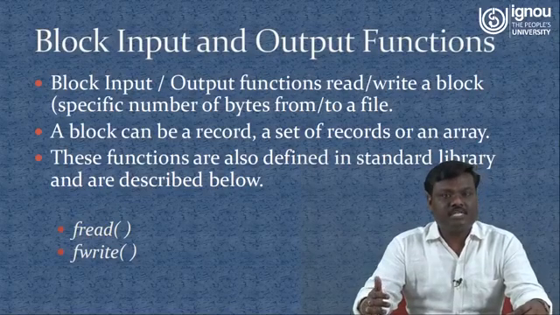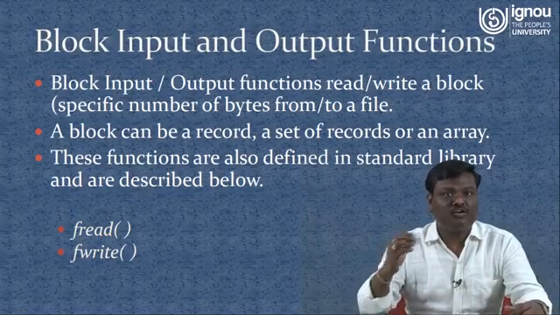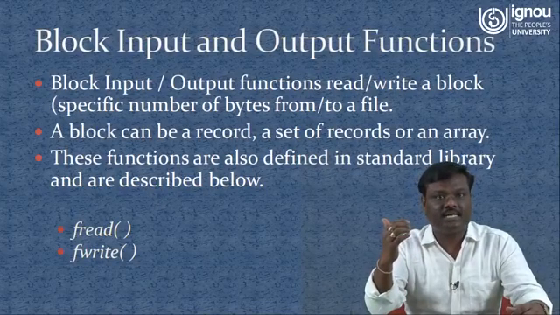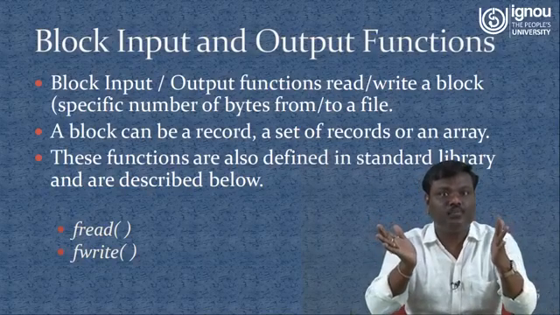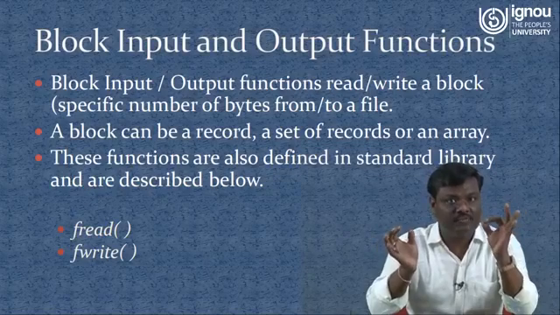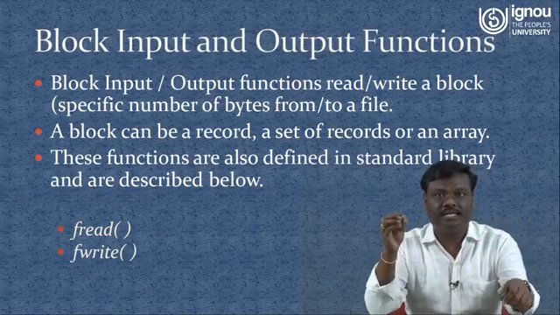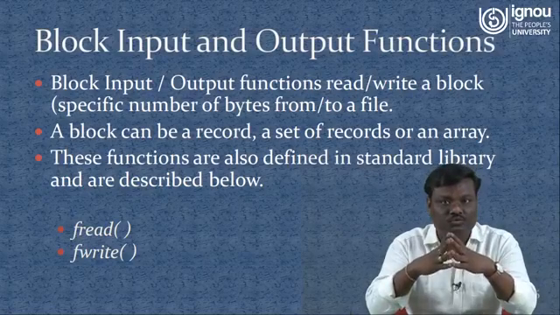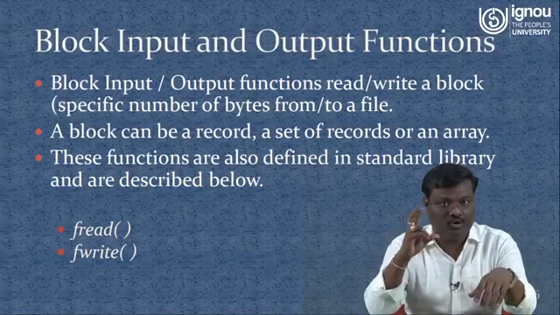Then comes the case where it is not line by line or the formatted kind of input like real numbers or characters. Suppose you want to read a complete block, that is, we indicate the start point and the end point within the file, and we treat those delimits as a block.